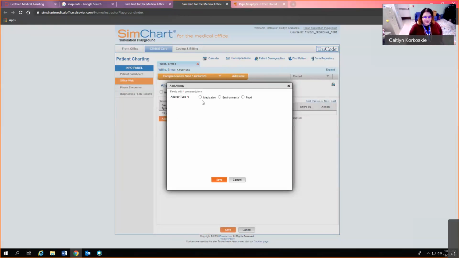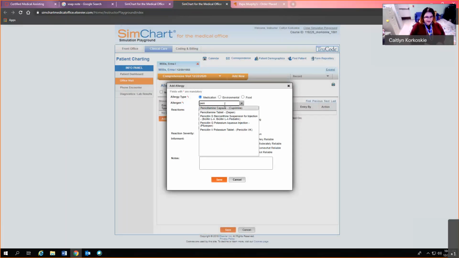Let's say that this person is allergic to penicillin. So we're going to click on medication, and then we're going to type in penicillin. It doesn't really matter which one you select as long as it just says penicillin. And then we're going to put in the reason, what it is that happens when they take this medication.